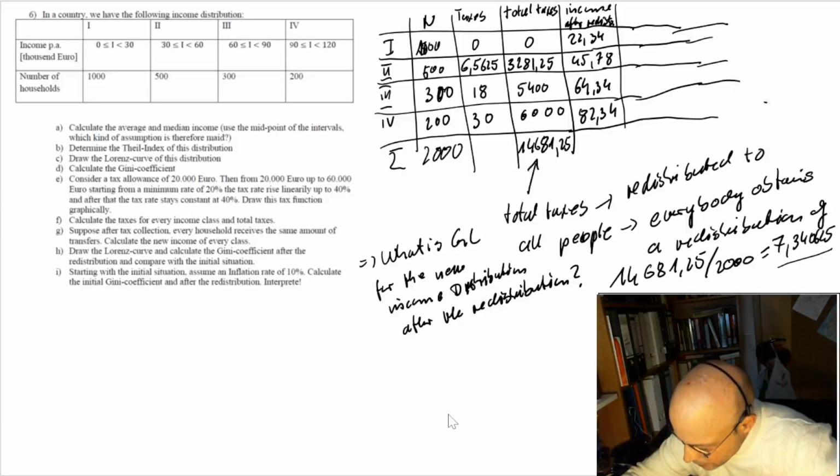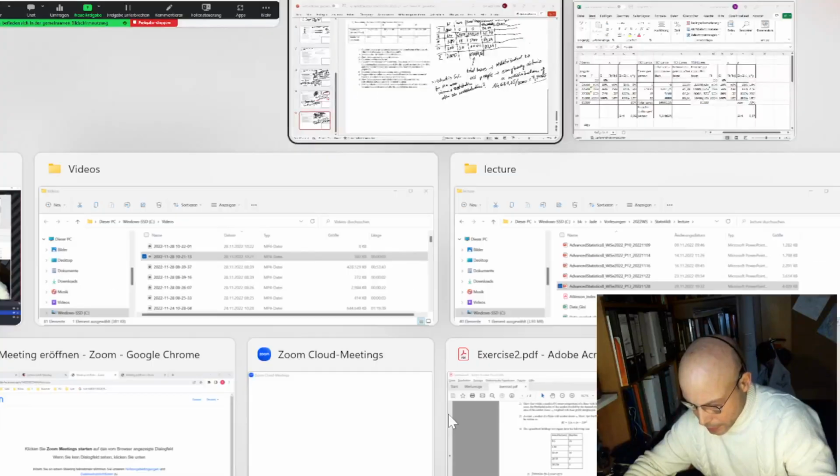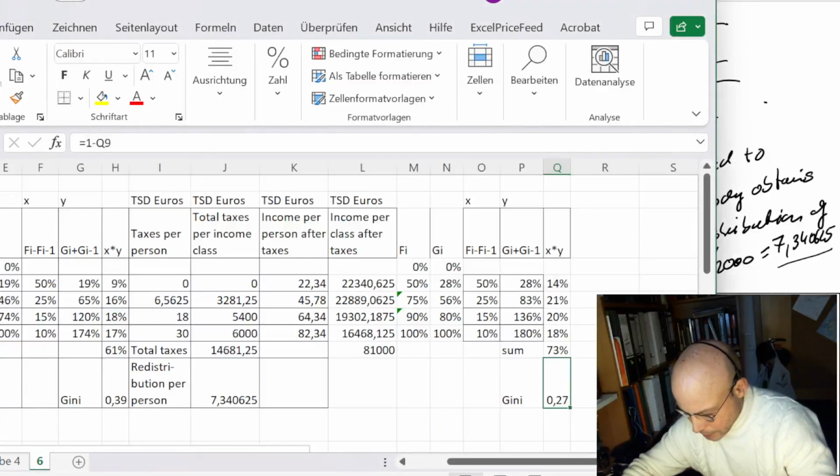This will be then income per class would be then 22.3, 22.9.